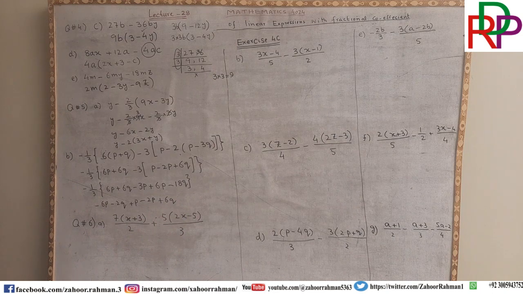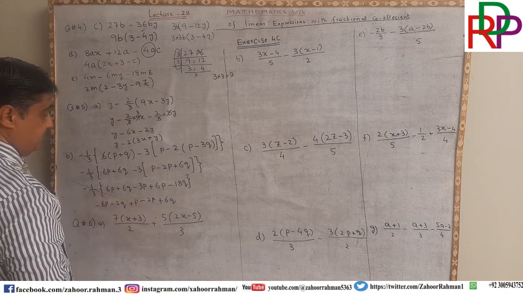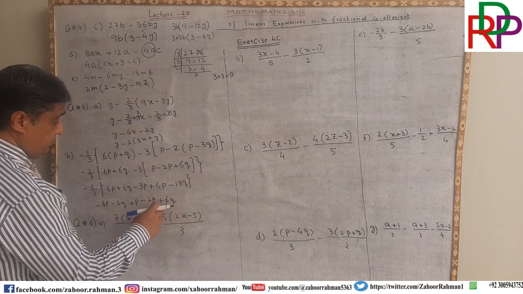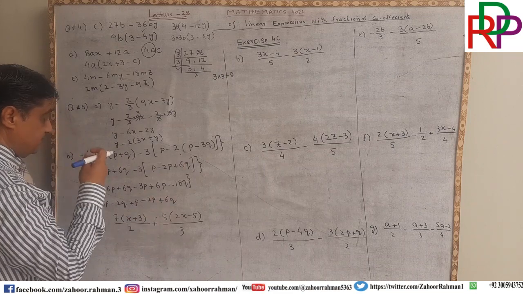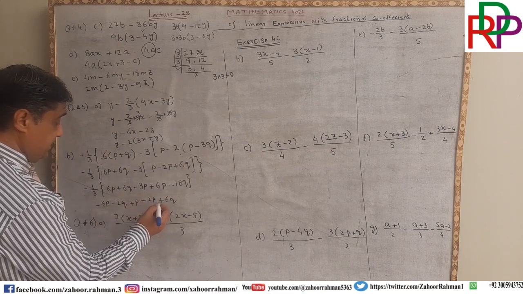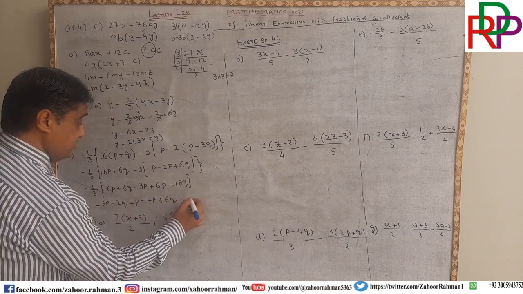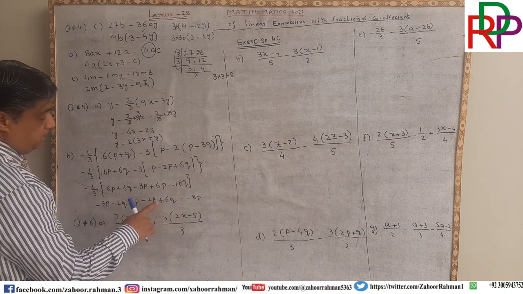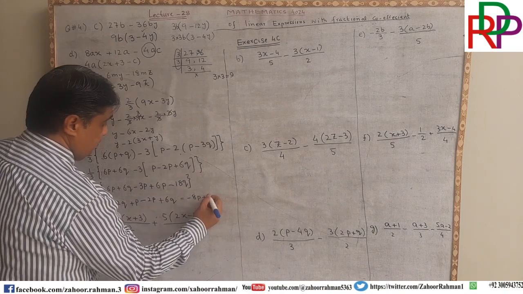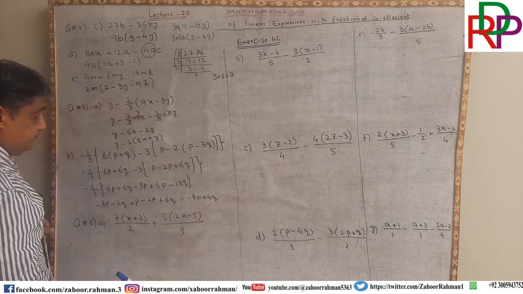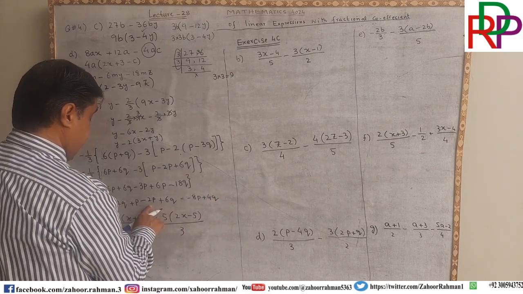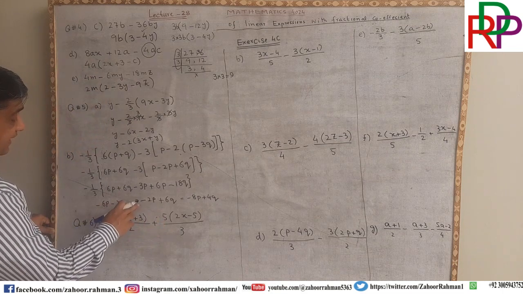Now we have to add the same terms, and then we have to get the answer. Minus 6p and minus 2p is equal to minus 8p. Minus 2q plus 6q is equal to 4q, and plus p and minus 2p, sorry, 1p is also here.